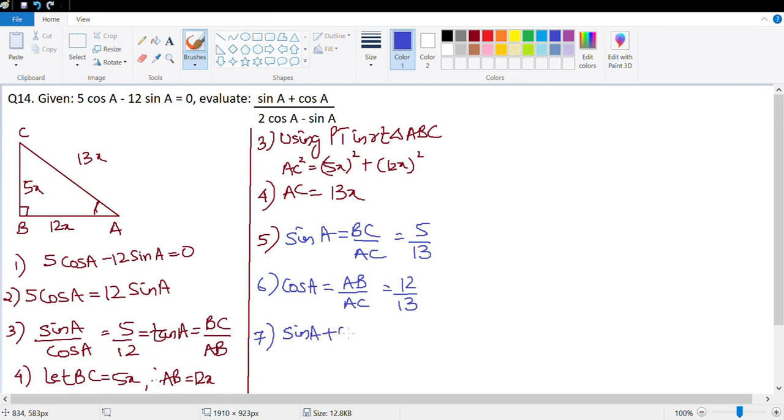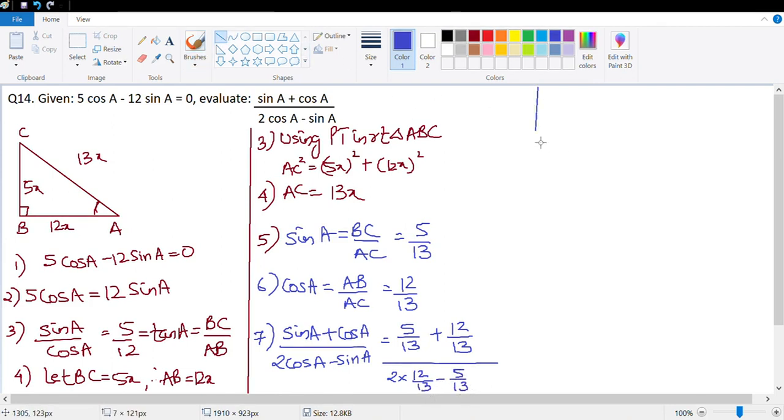Now let's substitute values. Sin A plus cos A upon 2 cos A minus sin A. This would be sin A is 5 by 13 plus 12 upon 13 divided by 2 times cos A, 12 by 13, minus sin A, 5 by 13. So in the numerator, let's take the LCM, which is 13 only.